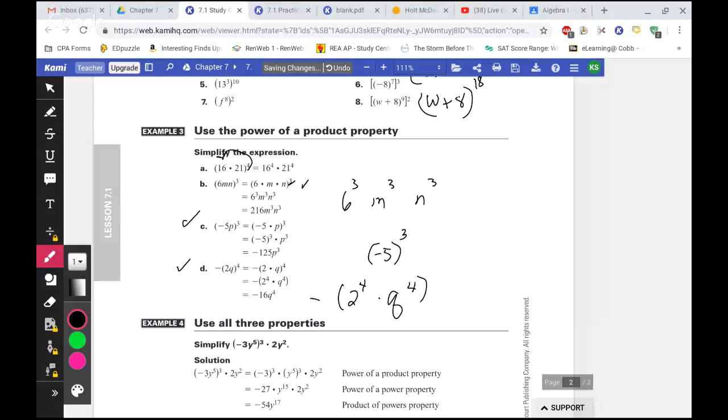So 2 to the 4th power is 16. And then I actually apply that negative at the end. I hope everybody sees the difference between these two.